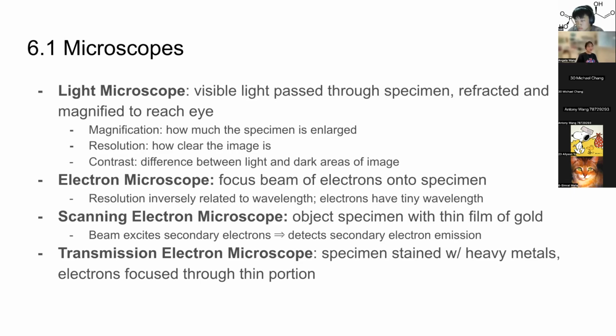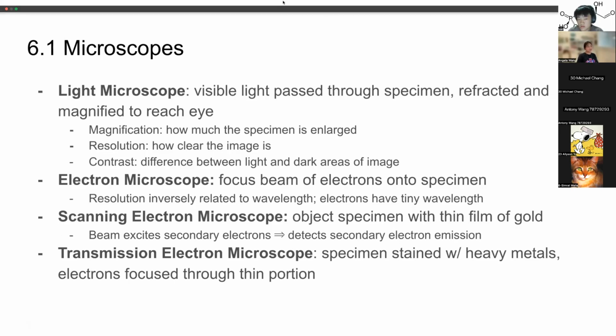Electron microscopes focus beams of electrons onto the specimen. The resolution is inversely related to wavelength, and electrons have a very, very tiny wavelength, which means that the resolution will be very, very clear with an electron microscope.